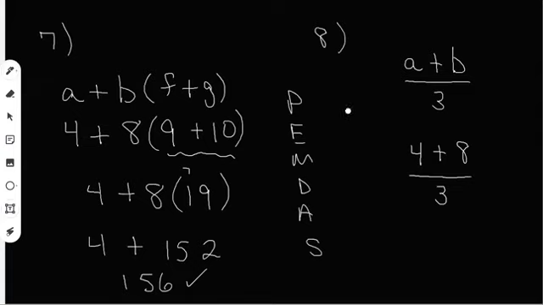But if you remember, parentheses are always going to look like this. Now, the top of the fraction is going to be considered a grouping symbol. So we're actually going to do the top of the fraction first, and that'll simplify a little bit, as you'll see later. So let's do 4 plus 8. We know that that's going to be 12. 12 is still divided by 3. And then 12 divided by 3 is going to give me 4.